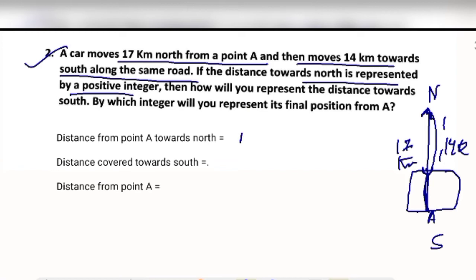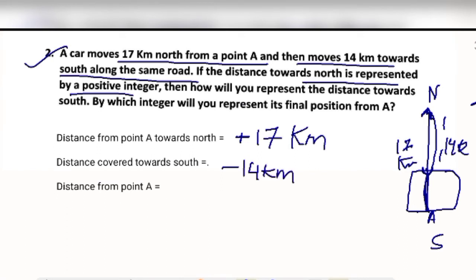So we will write plus 17 kilometers. If this direction is positive, the opposite direction will be negative. Then how will you represent the distance toward the south? If towards north we are taking 17 kilometers as positive, towards south we will take minus 14 kilometers.